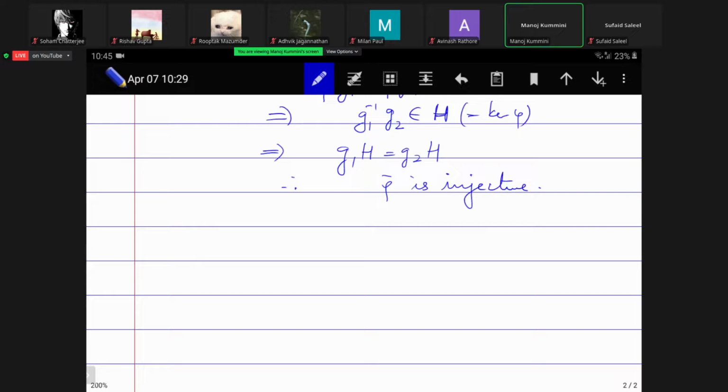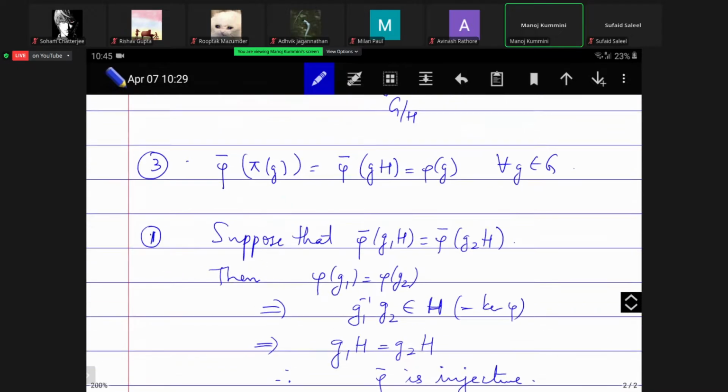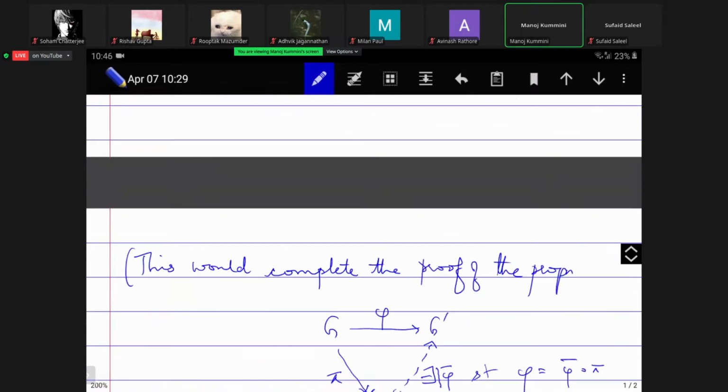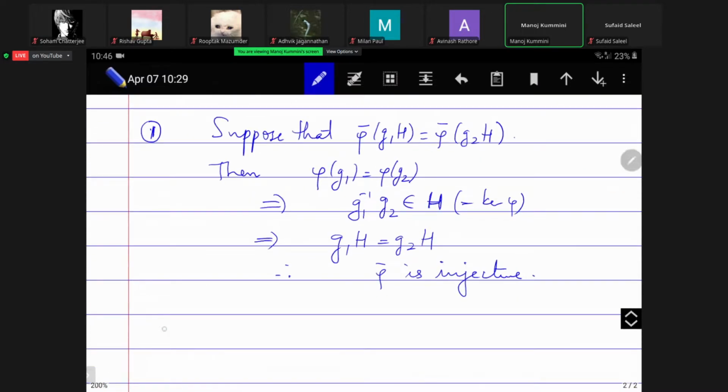So in that spirit, I will recast a substantial part of this proposition as a property of functions between sets, and I will include that in the exercise. So phi bar is injective. So that proves that, and let's prove 2, and then we will worry about 4.